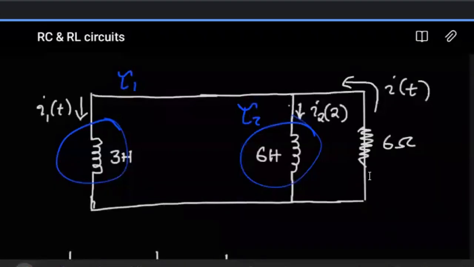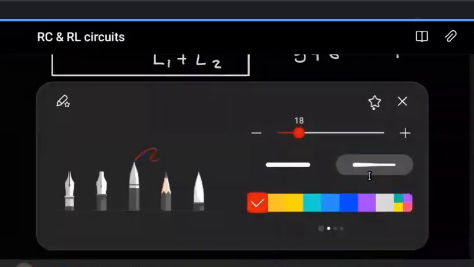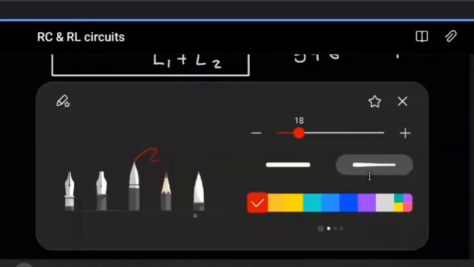Well, what you have to see here is we combined our inductors into one inductor. So let's just see them as one inductor.